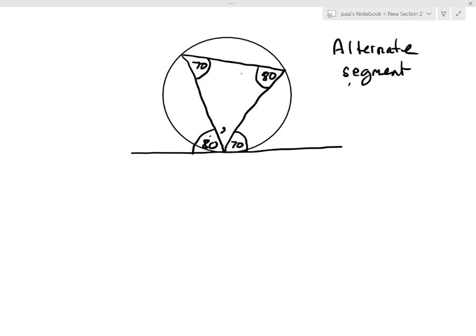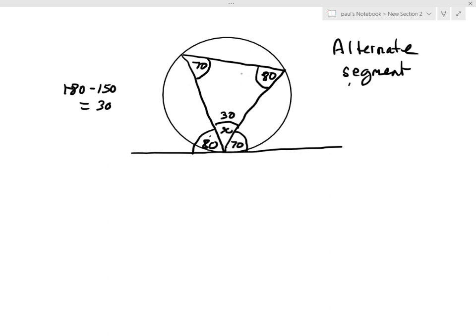Now this one, x, all add up to 180 in a triangle, and we've got 70 and 80 so far, so that's 150. So we would do 180 minus 150. Oh, yeah, it's equal to 30. So that one will be 30.